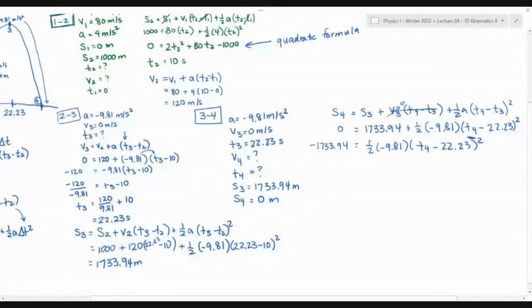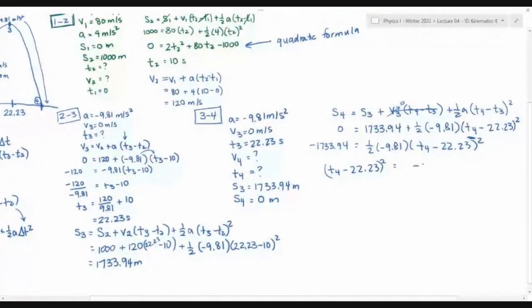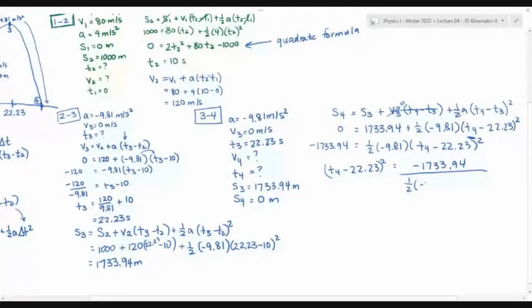Now we can divide both sides by 1/2 times negative 9.81. So we have T4 minus 22.23 squared equals negative 1733.94 over 1/2 times negative 9.81. Now we need to get rid of the squared, so we have to square root both sides.